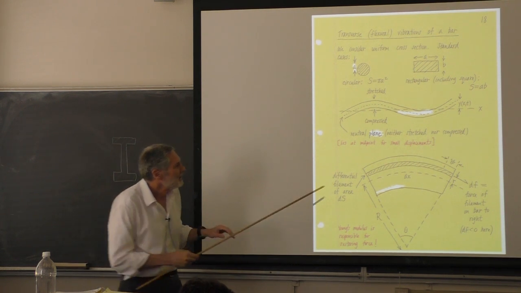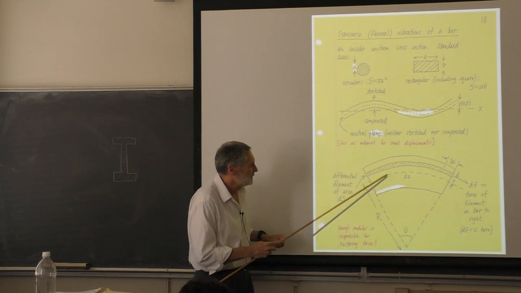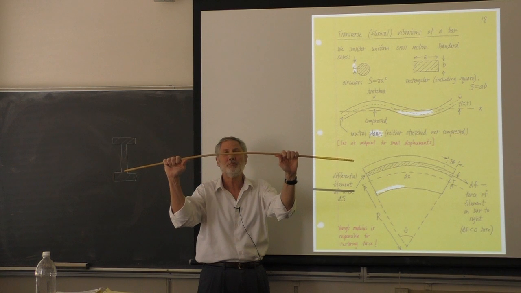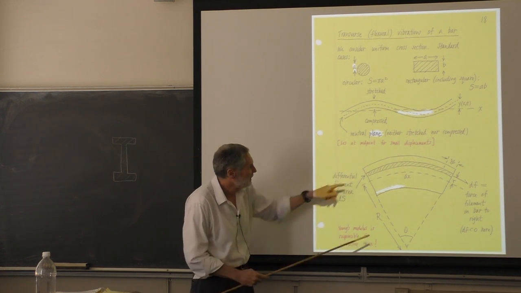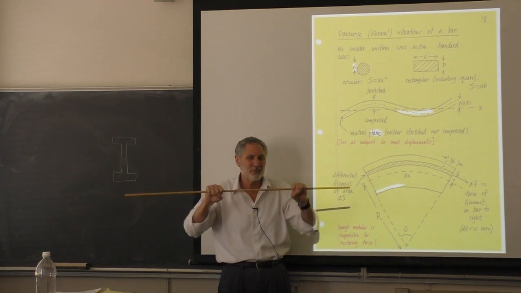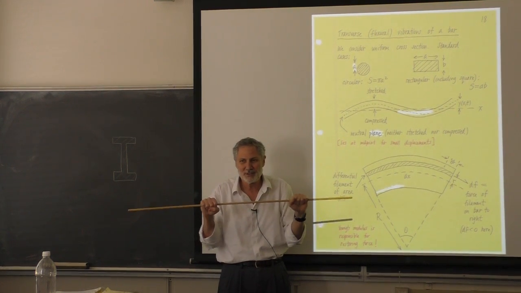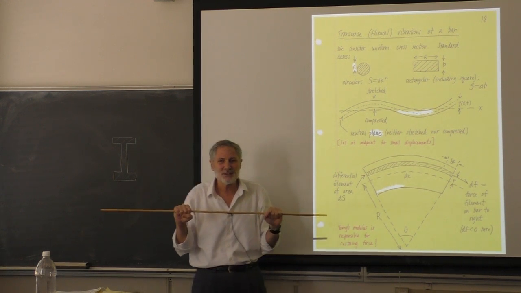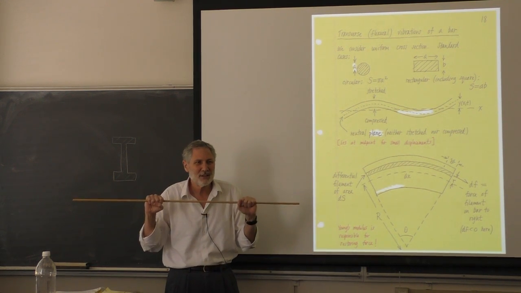Well, that's not a well-stated question. What quantity plays an important role in making this thing want to go back like that? Well, it comes down to this filament here, and when you stretch a filament or compress it, what dictates the stiffness?